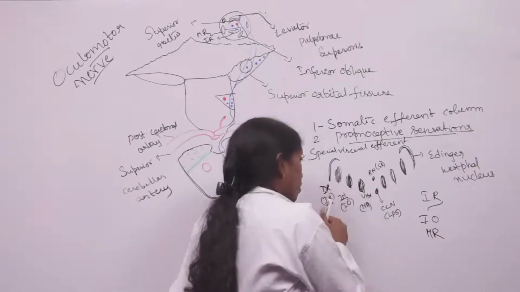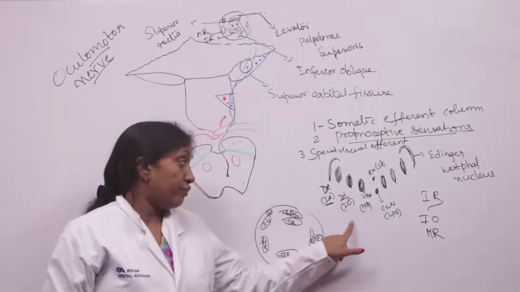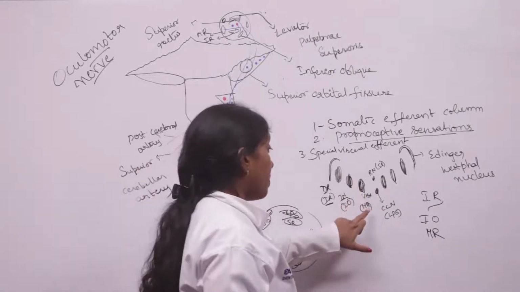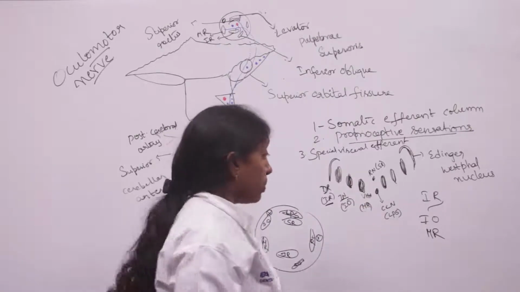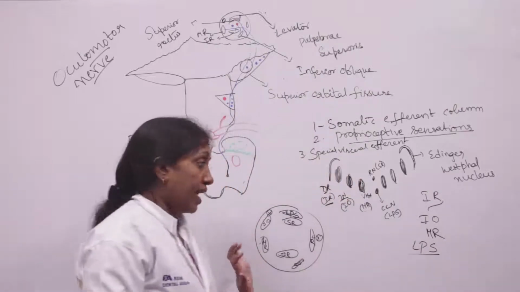The dorsolateral segment supplies the inferior rectus, the intermediate segment supplies the inferior oblique, the ventromedial nucleus supplies the medial rectus, and the caudal central nucleus supplies the levator palpebrae superioris, which I represented with LPS.